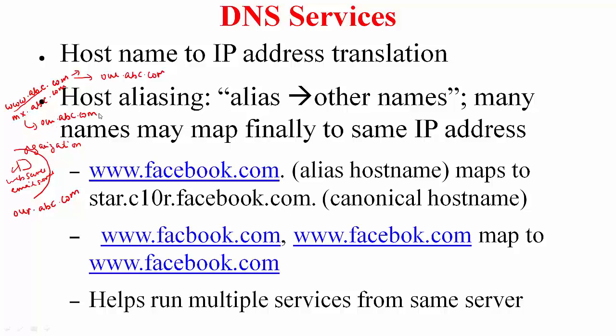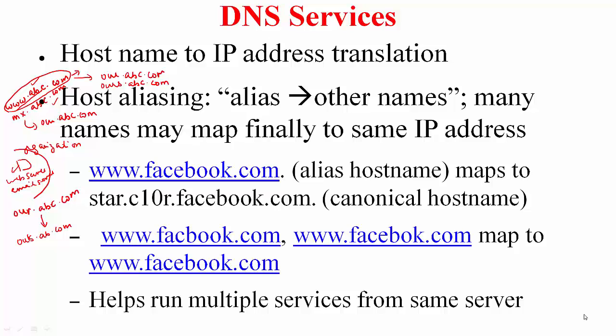Another advantage here is later if you want to move this web service from this machine to some other machine, let's say ours.abc.com, you don't have to revoke this advertisement that you have already told others. Others can still access your web server by typing in this, except that within the DNS system you will change the mapping now to ours.abc.com.